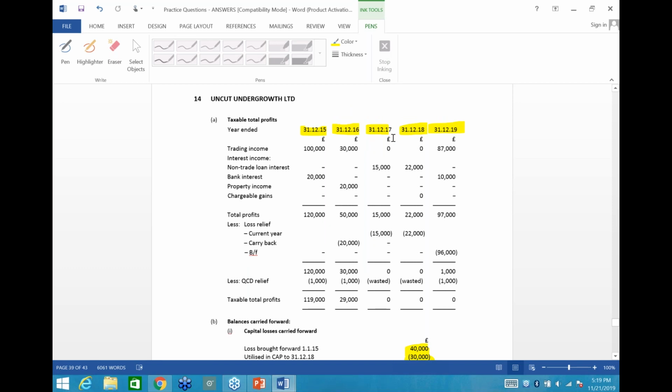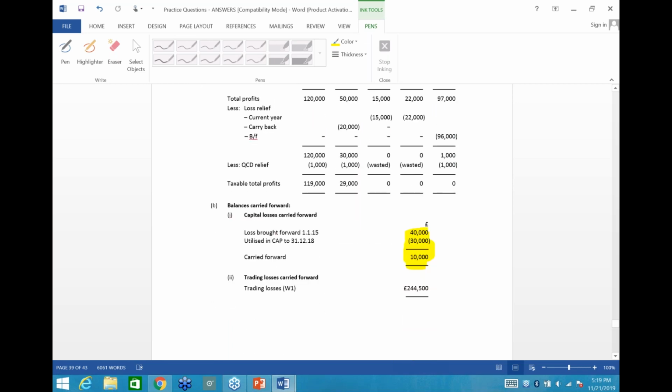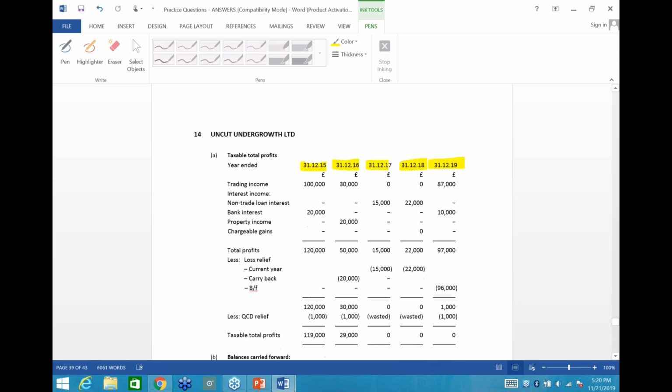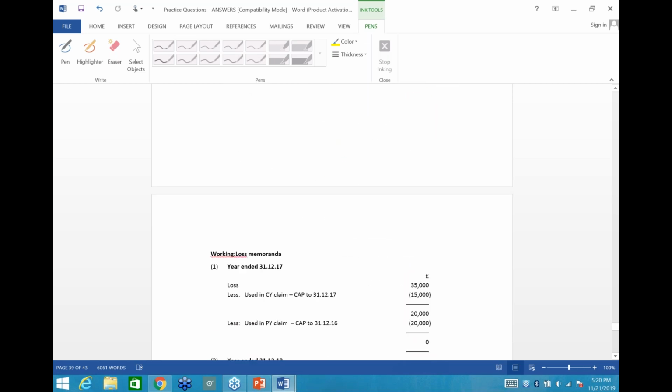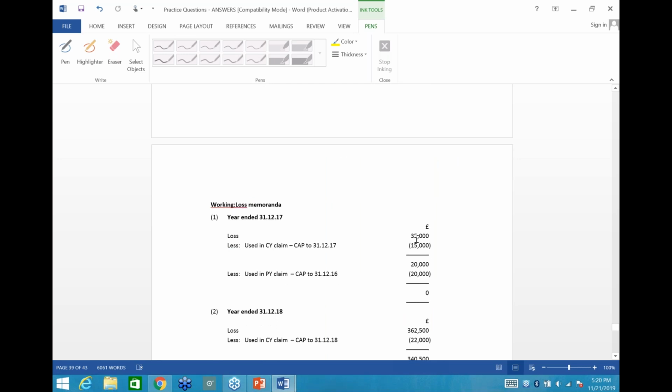For the year ended 31st December 2017, there is a loss of 35,000, that is this 35,000. And then for the year ended 31st December 2018, there is a loss of 362,500.